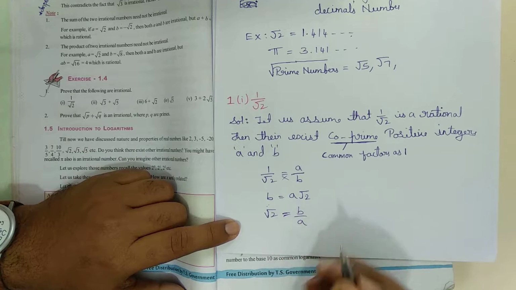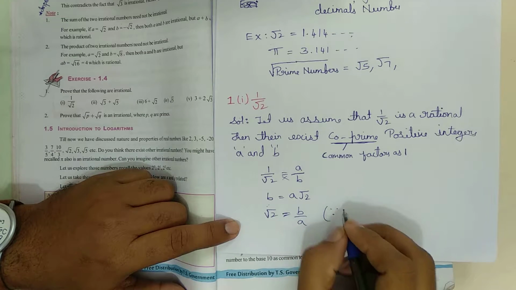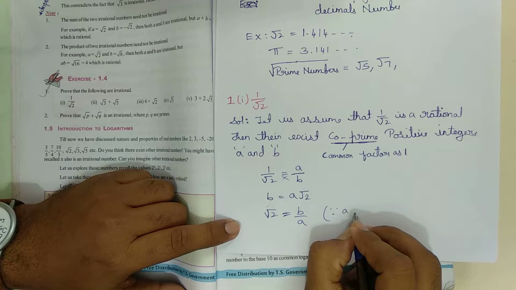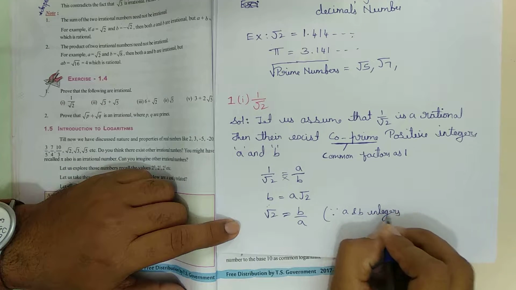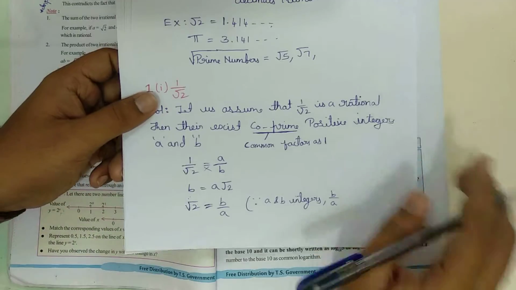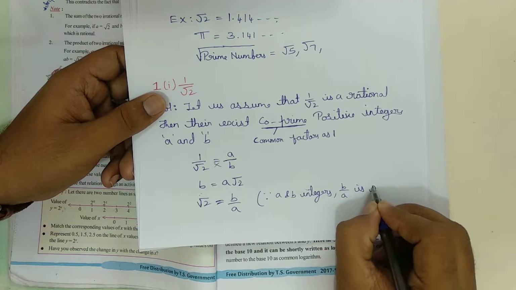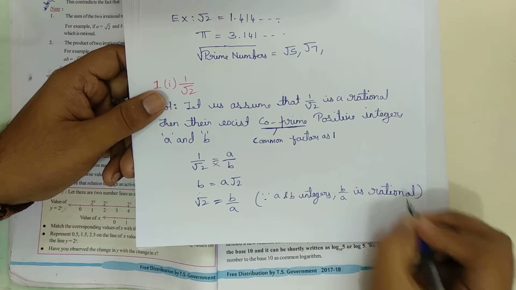So what we can see here is that a and b are integers, and b by a is rational. Why is it rational?